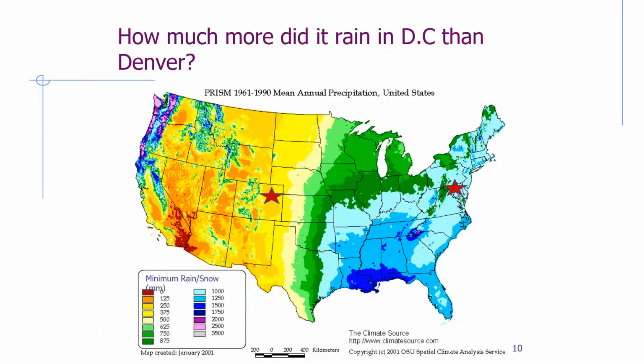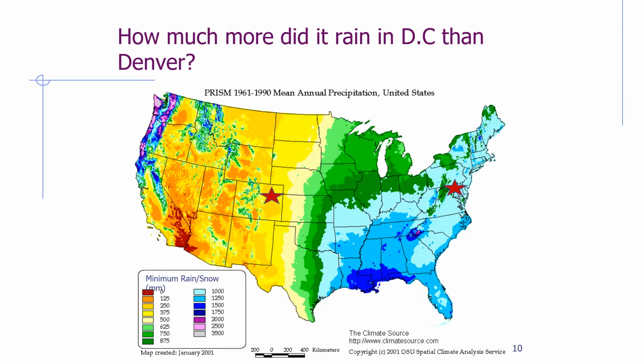But if we look at the same graph and ask, how much more did it rain in DC? Now we're looking at a quantitative measurement. I have to guess here, but DC looks like it's in the middle of the light blue, which looks like 1,000. And for Denver, I can't tell whether it's the dark yellow or the light yellow. I'm going to go with the dark yellow.